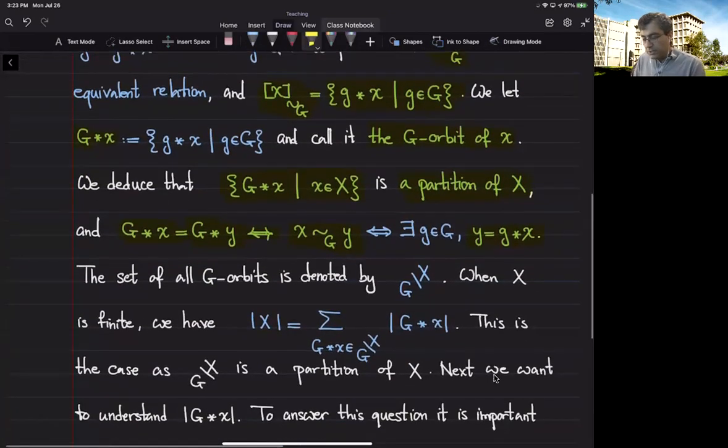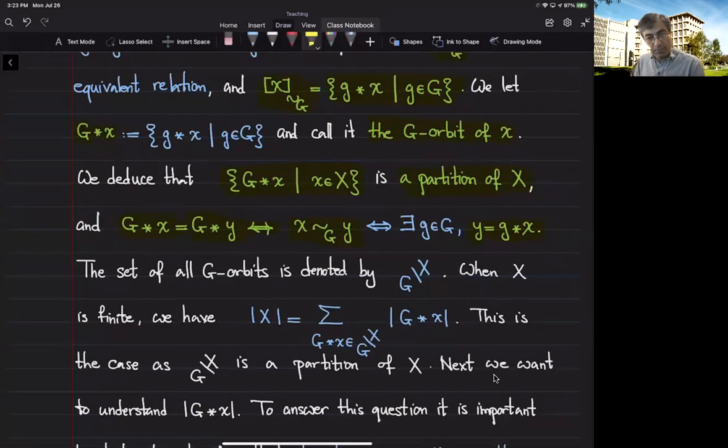Now, we denote the set of all G orbits by X modded out by G, the quotient space. Then we know that as I vary among the G orbits and add the cardinalities of these G orbits, because they form a partition of the set X, I end up getting the cardinality of the set X. Of course, this is when X is finite, otherwise it doesn't make sense to add these infinite numbers.